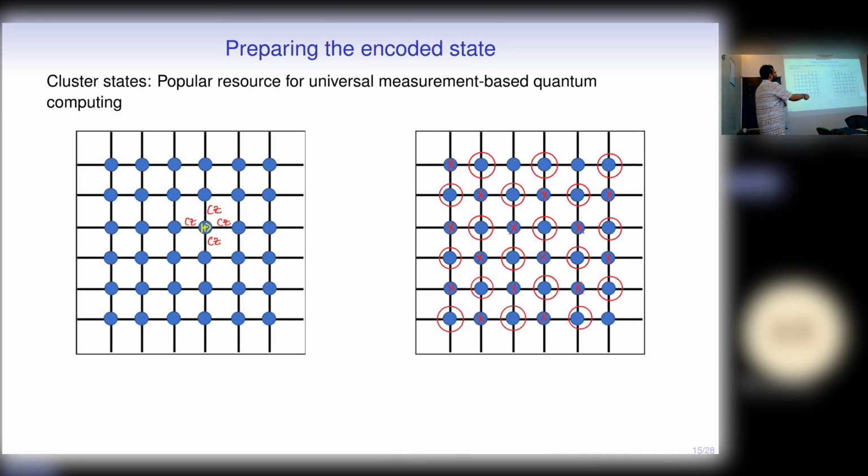Basically, if you measure the central qubit in X, it turns out that because of the property of the cluster state, these 4 circled qubits will be in a +1 eigenstate of Z. And what you've actually done, if you rotate it 45 degrees, is you have the surface code. Likewise, you can do the same thing for Z stabilizers and X stabilizers.